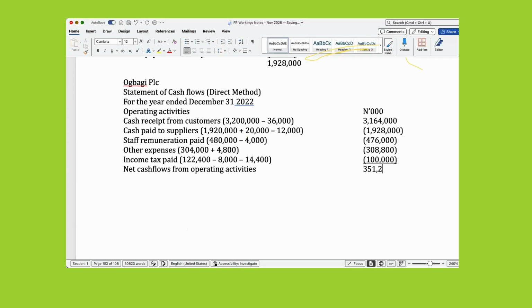Inflow. So net cash inflows from operating activities. Any other question?